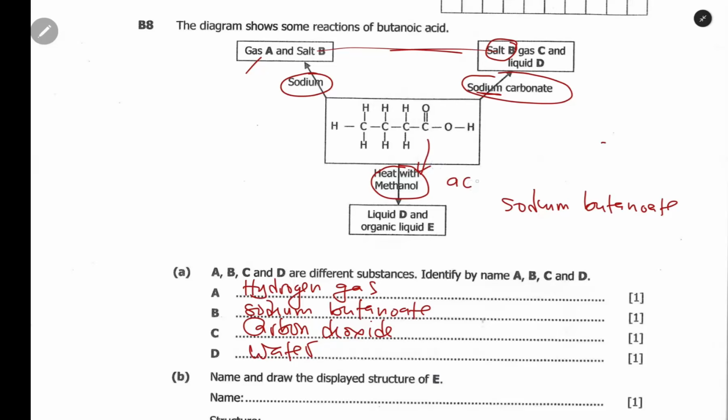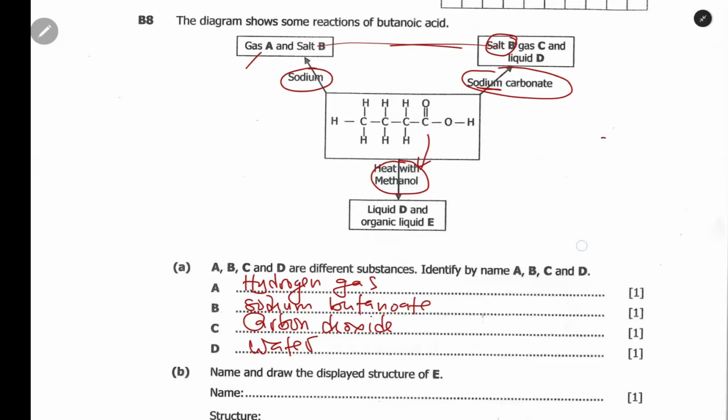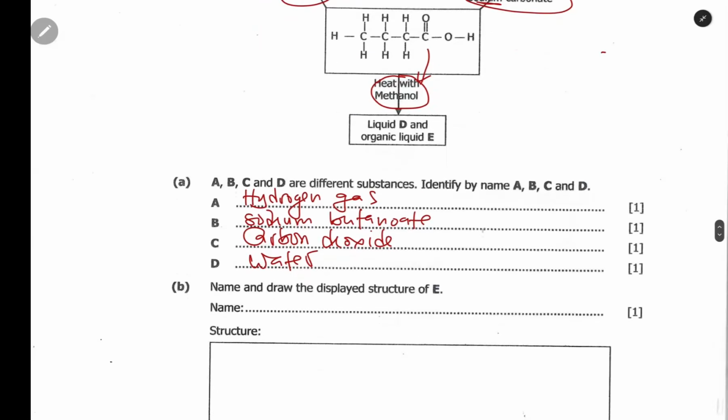That is an alcohol plus an acid, resulting in an ester. And what is produced is an ester and water. So D is water because it's a liquid.